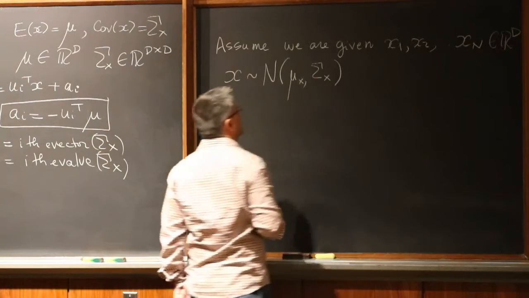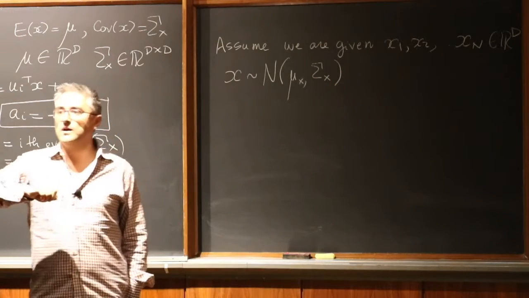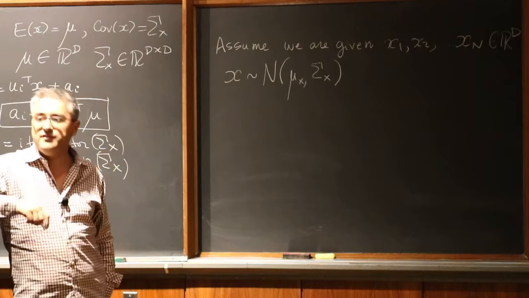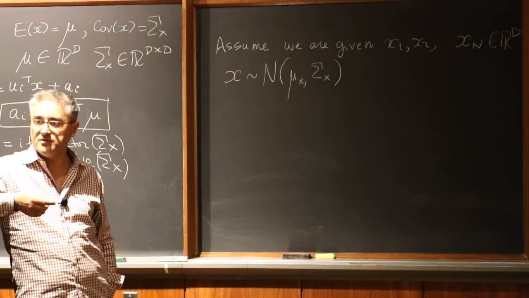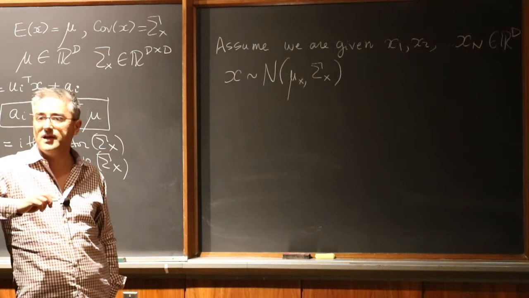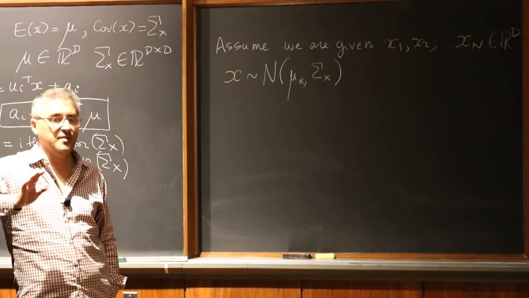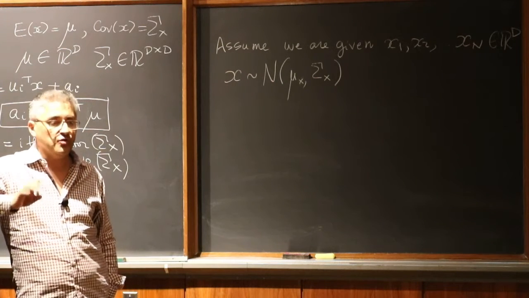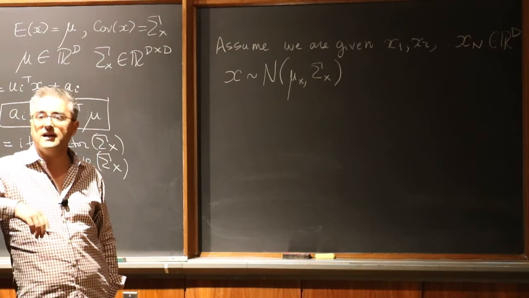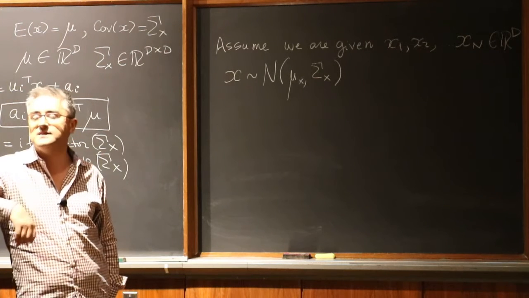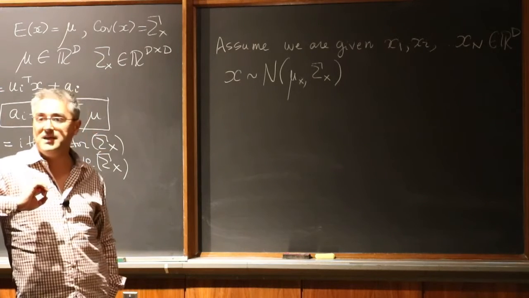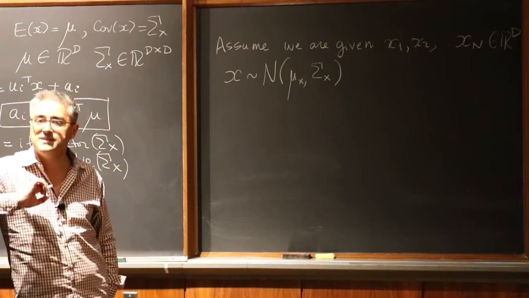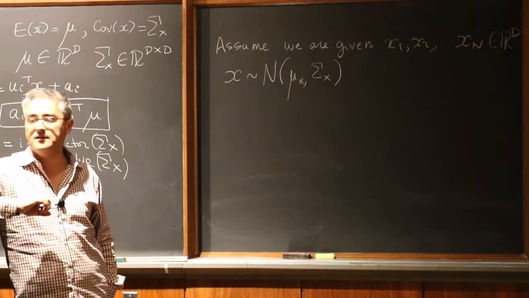There is a procedure for estimating the parameters of a Gaussian that is called maximum likelihood. Who has never heard of maximum likelihood? Everybody knows. Okay, good. So, if I give you many samples from a Gaussian distribution, how do I estimate the mean? What is the maximum likelihood estimate for the mean of a Gaussian?